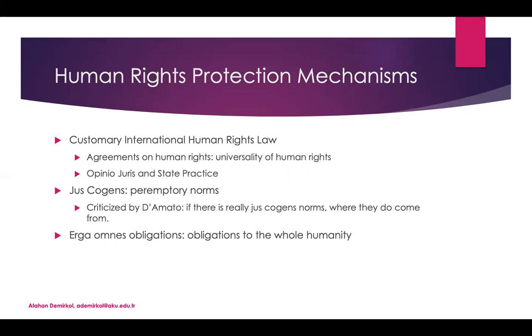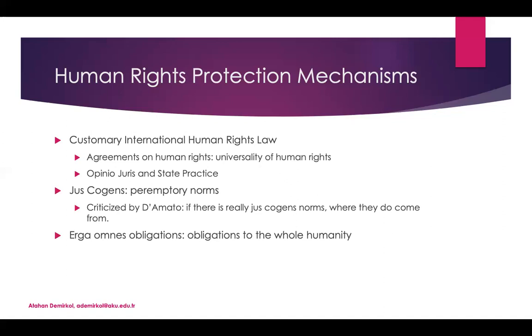Opinio juris is that a state believes that doing this action comes from a legal belief. So they are acting like that because they think that it's a legal or lawful action. And state practice is the second component of customary international law, and there should be a certain number of states acting like that for a certain time.